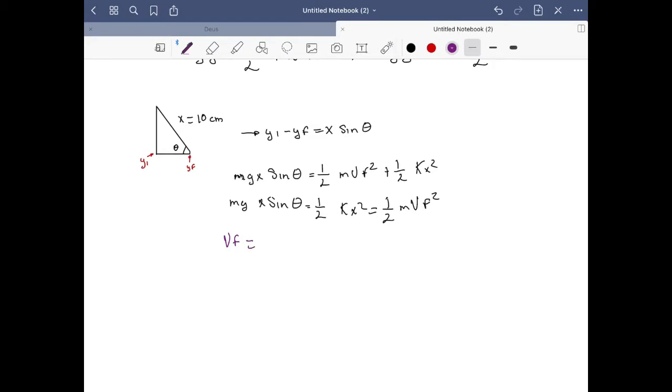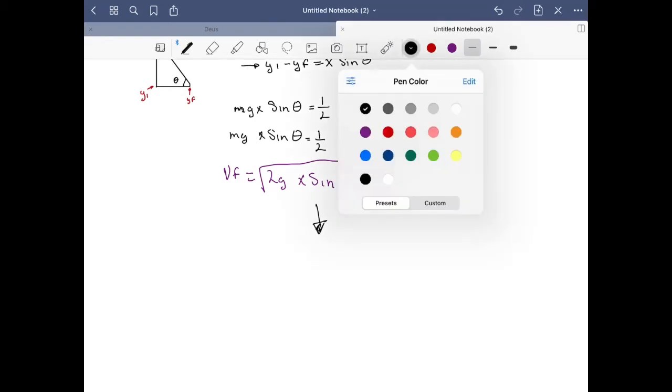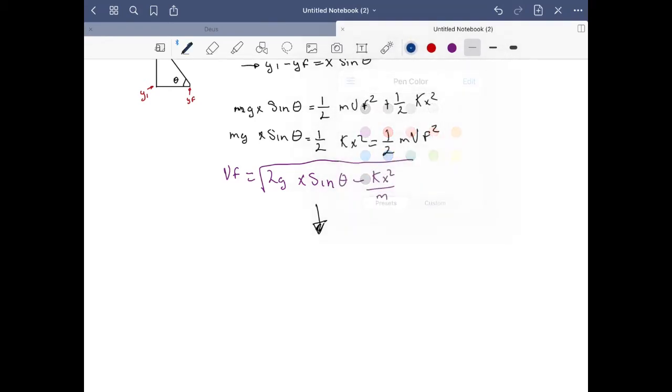Now we multiply both sides of the equation by 2, and that will make both of the 1/2 get cancelled. And after that, we pass the k times x squared, subtracting, to the left, and then we divide both sides of the equation by m.